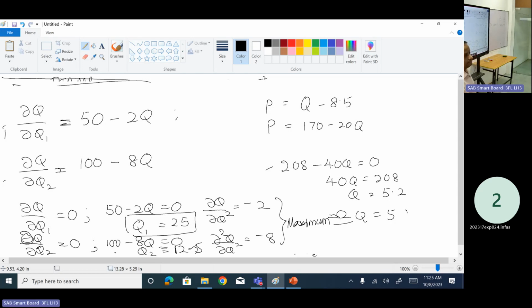In order to find the maximum profit, you can substitute into the total profit function, right? We have given 50 Q1 minus Q1 square, right? Q1 means 25, Q1 square means 25 square, right? Like that, you can find the maximum profit.